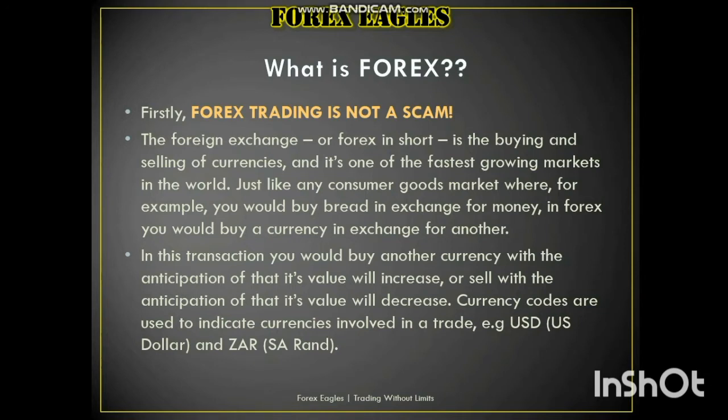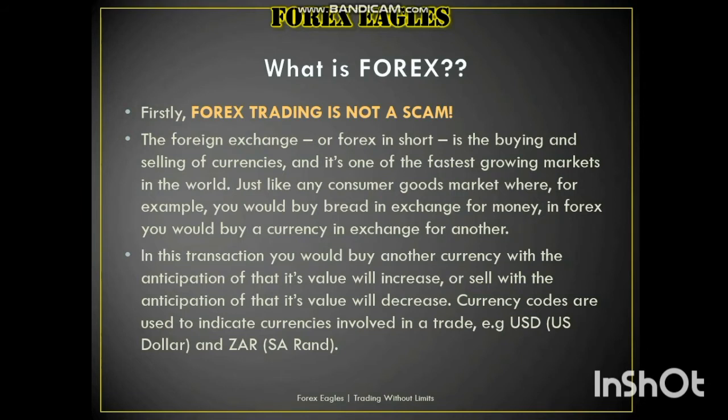So basically in Forex, you would simply buy one currency if you believe that in value it could be stronger than the other one in a couple of days or a couple of hours or a couple of months. And if you believe that a certain currency will be weaker or it will decrease in value in a couple of days, hours, months, then you would sell that currency.